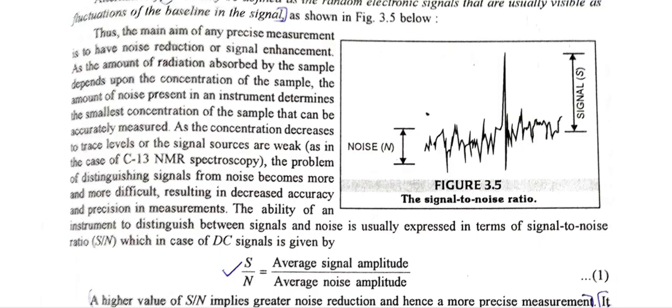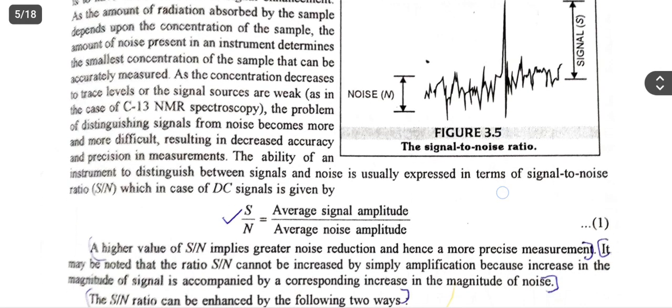As the amount of radiation absorbed by the sample depends upon the concentration of the sample, the amount of noise present in the instrument determines the smallest concentration of the sample that can be accurately measured. As the concentration decreases to trace levels, or the signal sources are weak, as in the case of C13 NMR spectroscopy, the problem of distinguishing signal from noise becomes more and more difficult, resulting in decreased accuracy and precision in measurement.